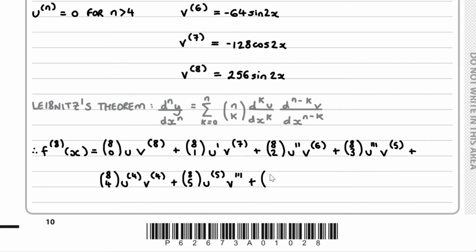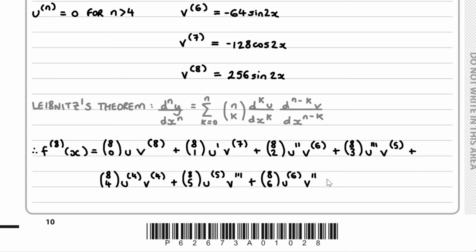And then we have 8 choose 6 times the 6th derivative of u times the 2nd derivative of v.